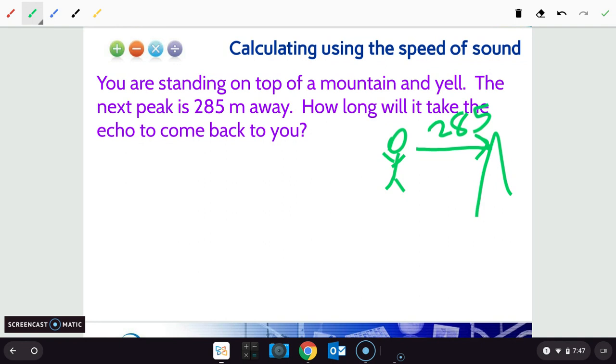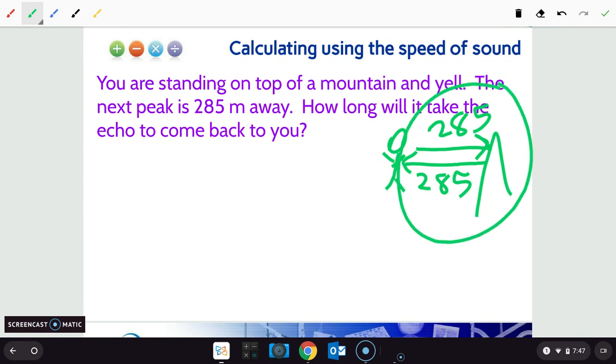So the sound from your voice or my voice standing on the mountain for that echo, it'll leave the mouth, it'll travel 285 meters, hit the surface, and come back another 285 meters. So in this case, you would have to double the distance or take it times 2 because it would actually have to travel there and back. So you'd have 285 times 2 to get the actual distance that you would use in this calculation.